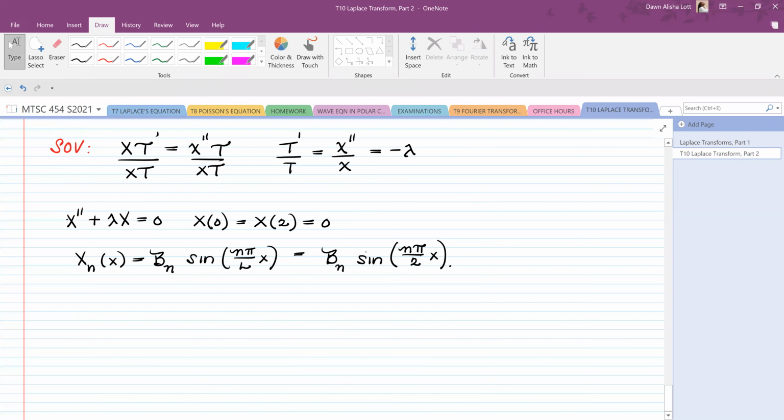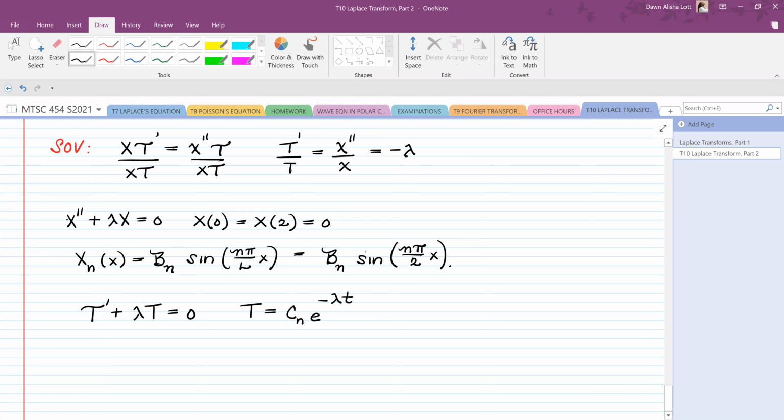Then we're going to get T prime plus lambda T is going to equal 0. So if T prime plus lambda T is equal to 0, that's going to give me that T is some C n e to the minus lambda t.